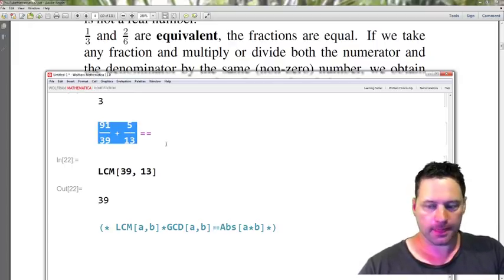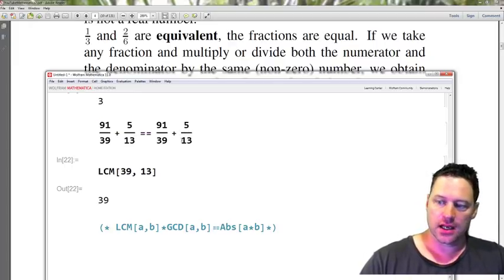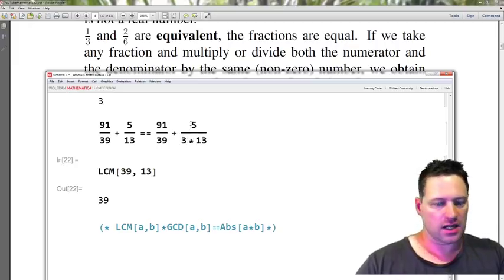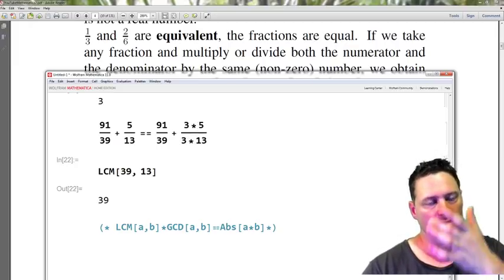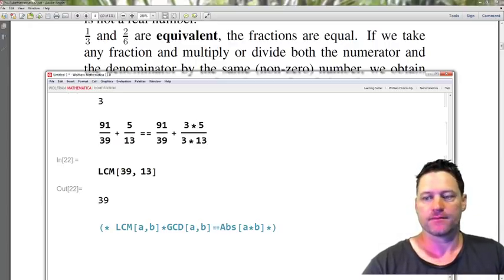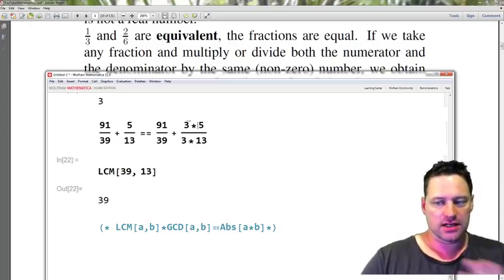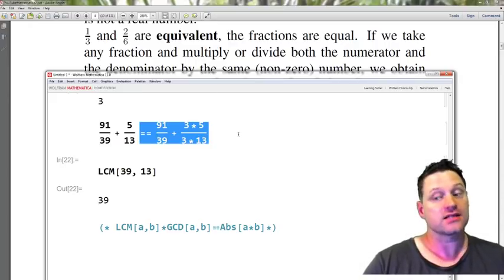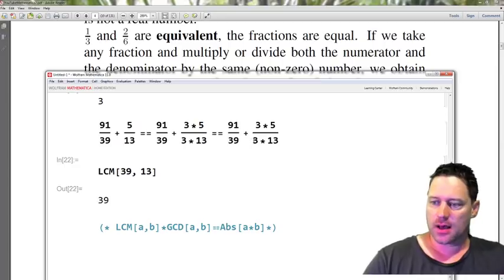I'll copy and paste, and say what I'm doing is multiplying the denominator by 3, and in order to make this equal, I must also multiply the numerator by 3. So that's the next step. Now let's multiply that out.